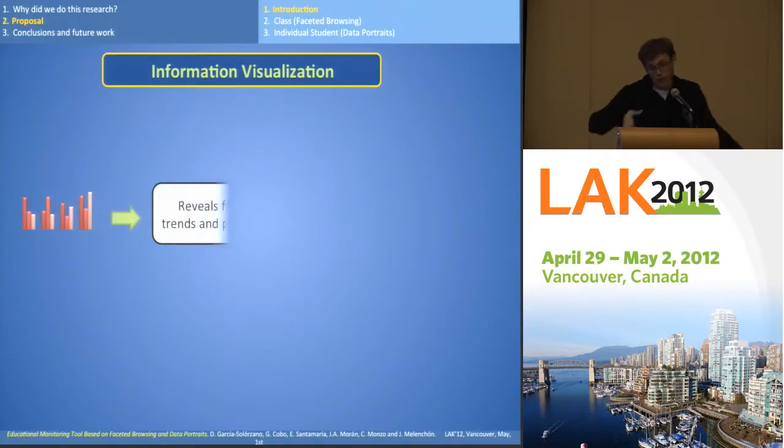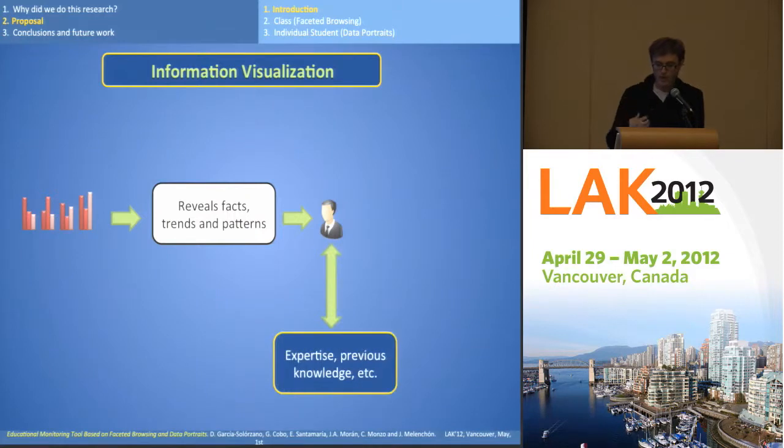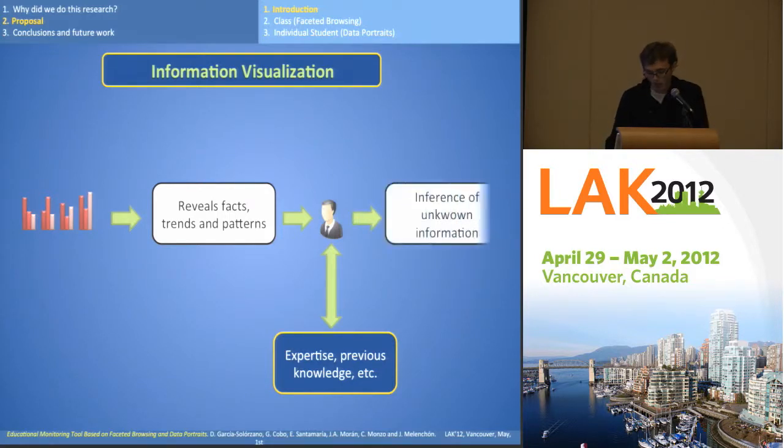This bar chart, or another graph, reveals facts, trends, and patterns that teachers can use in combination with their expertise, previous knowledge about the course, etc. The combination of all this information allows them to infer unknown information. What kind of information?